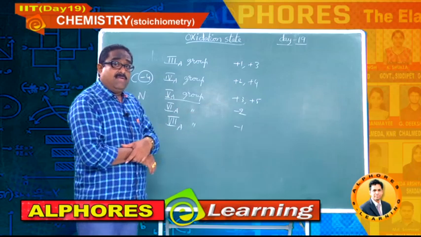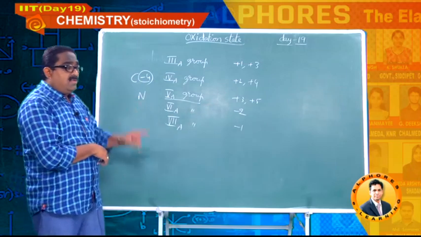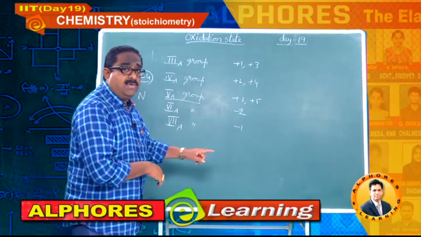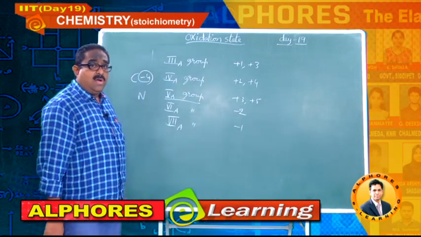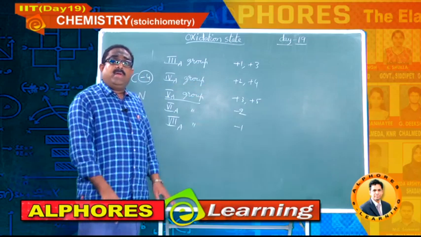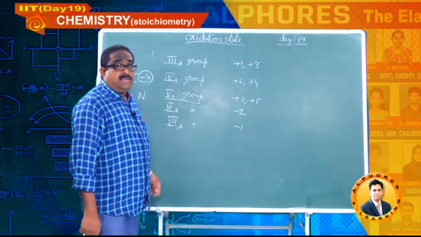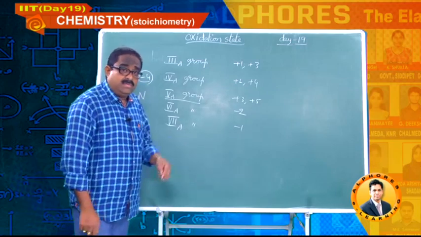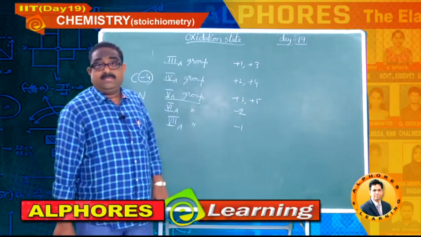Undoubtedly one can say for alkali metals +1, for alkaline earth metals +2, for fluorine -1 in their compounds. There is no other oxidation state possible for these elements. But coming to many elements, they can exhibit more than one type of oxidation state. Zinc exhibits only +2, but copper exhibits +1 and +2, like that.